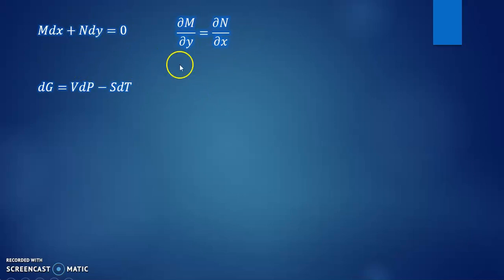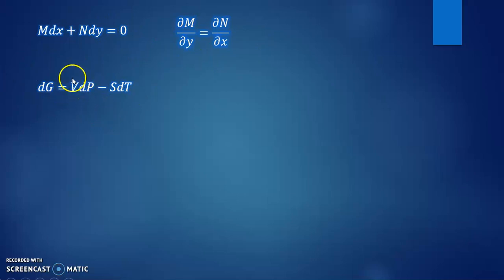For example, if we have a differential equation like that, where M times dx plus N times dy equals 0, this differential equation is an exact differential equation provided that this is true: the partial derivative of M with respect to y is equal to the partial derivative of N with respect to x.